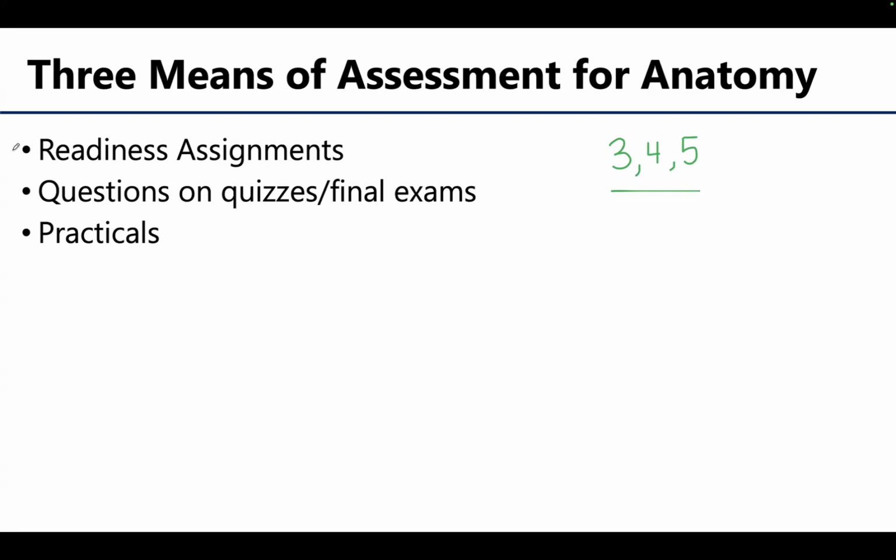The first will be the readiness assignments. You'll actually have those in block 2 as well. You will also have questions from the quiz and the final exam. This will be true for blocks 3 through 5, and there will be an open book assignment in block 2. And then last but not least, there will be the always interesting practicals, which will be the last means of assessment for anatomy.